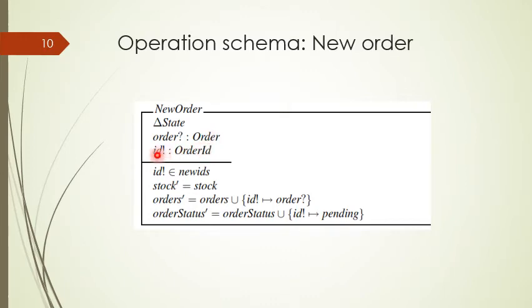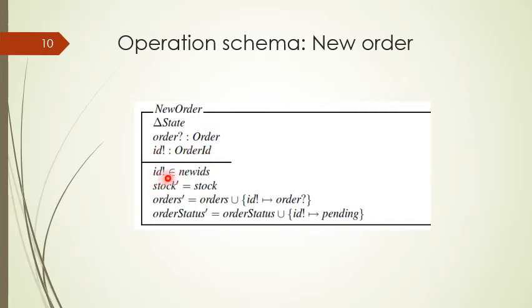And whenever we have an order as input, an id will be assigned as an output. Therefore id with this symbol is an output variable of type order id.